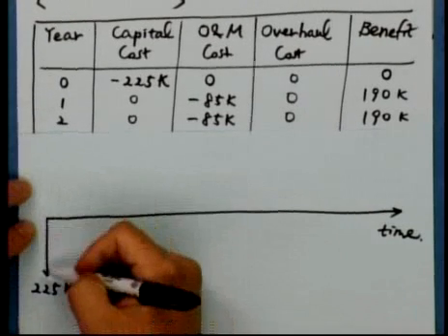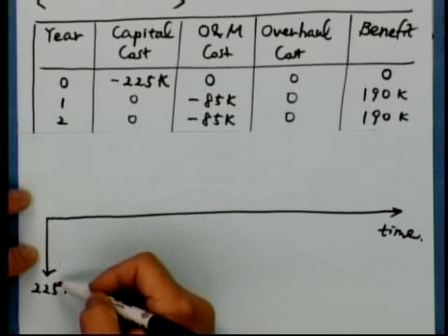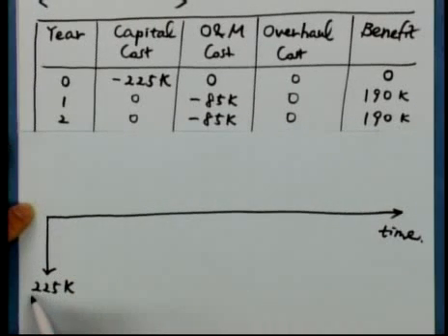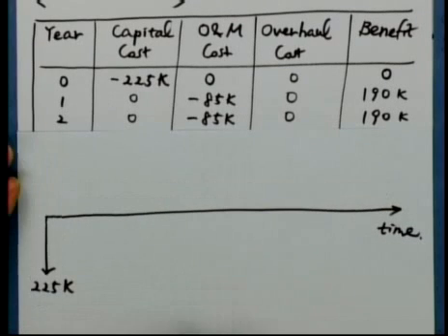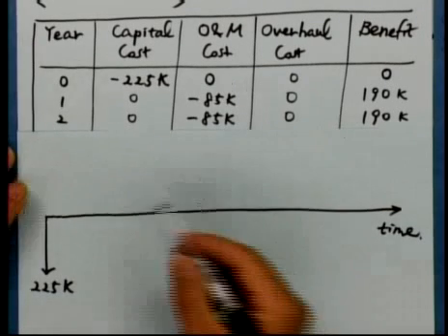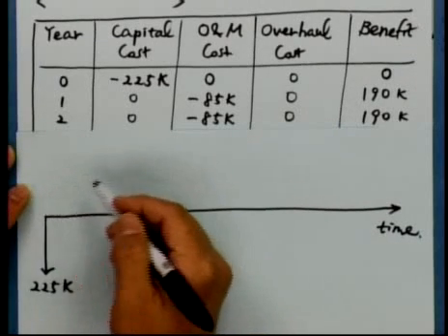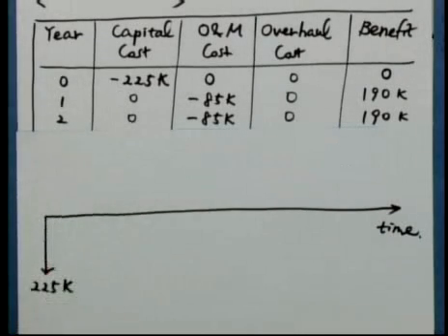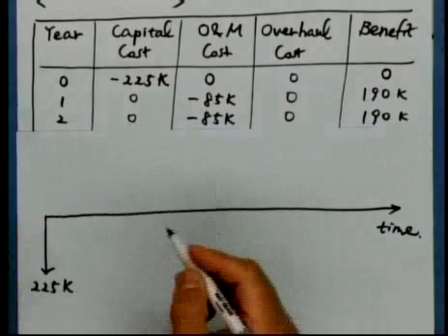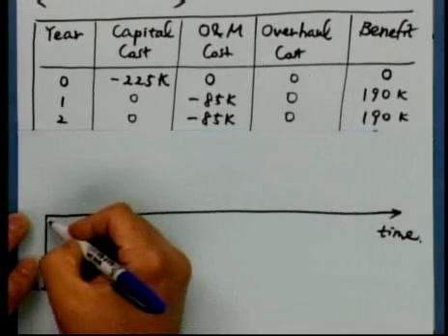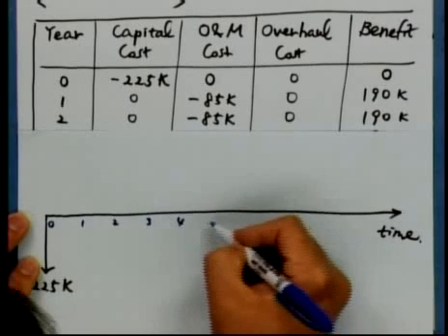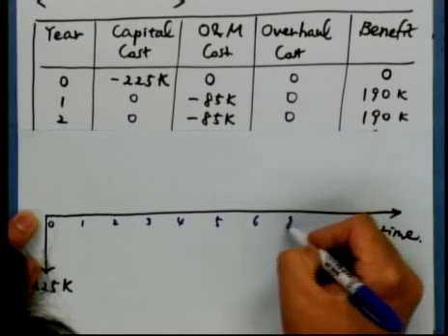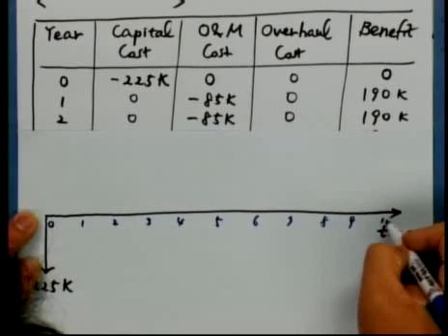Again, the arrow pointing down means negative cash flow, which means that you don't need to put negative sign up here, okay? And at the end of each year, so let's say I use different color. 0, 1, 2, 3, 4, 5, 6, 7, 8, 9, and 10.